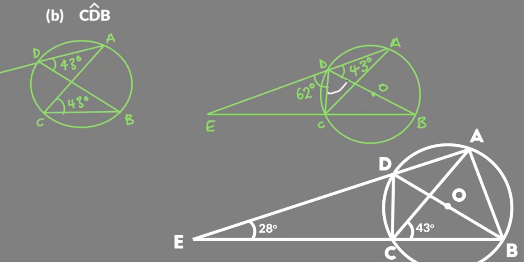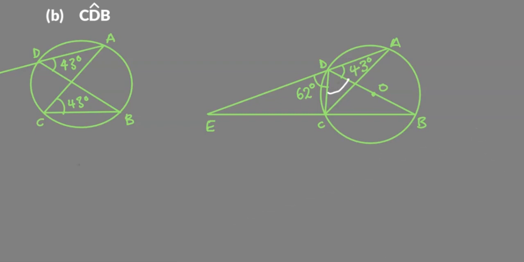If you look, ADE is a straight line, the question told us. Therefore, this 43 plus the angle here and this 62 are going to give us 180. This 43 is the angle ADB.